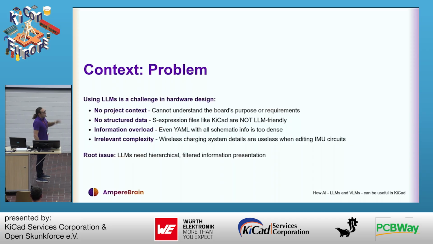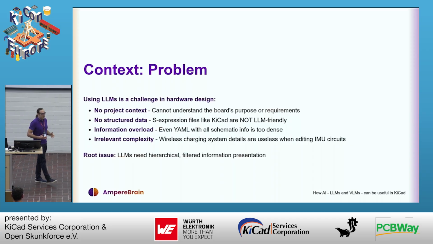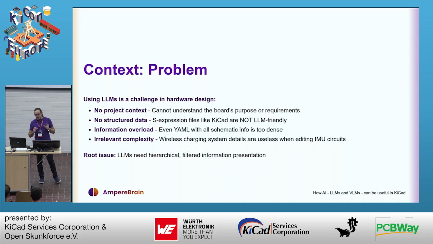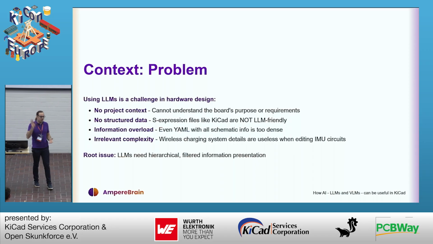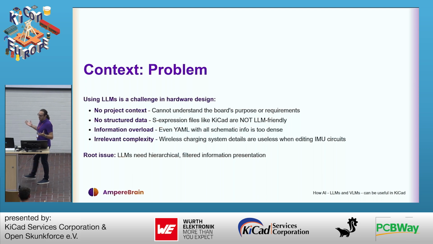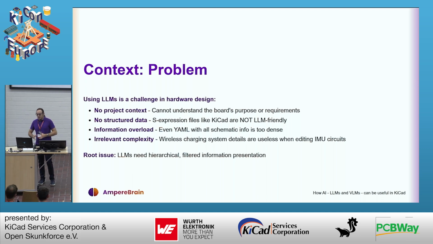How do you make an LLM, an AI, understand what you are building? The big problem is that when you just feed an LLM your KiCad schematic directly, you just upload your schematics file and ask, all right, make sense of what I'm actually building, it's extremely hard because, first of all, it doesn't have the context.